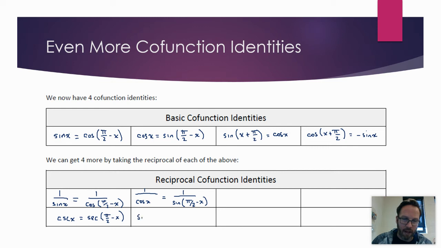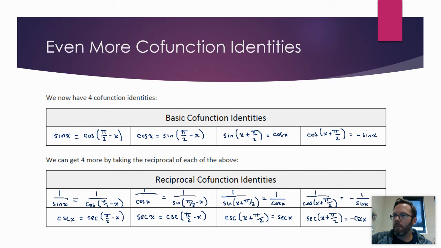This gives you that secant of x equals the cosecant of pi by 2 minus x. Okay, and that just comes from taking our basic ones and flipping them. All right, can you take the final two and take their reciprocals? Now we'll have 8 cofunction identities. You know what? I might just pause my recording here, and you guys can try that, and then I'll show all my work. So we'll see you guys in a second.